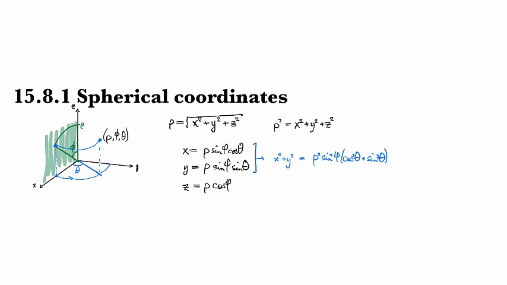So this part here cancels to 1 by the Pythagorean identity, and what we're left with is r squared equals rho squared sine squared phi, or r equals rho sine phi.